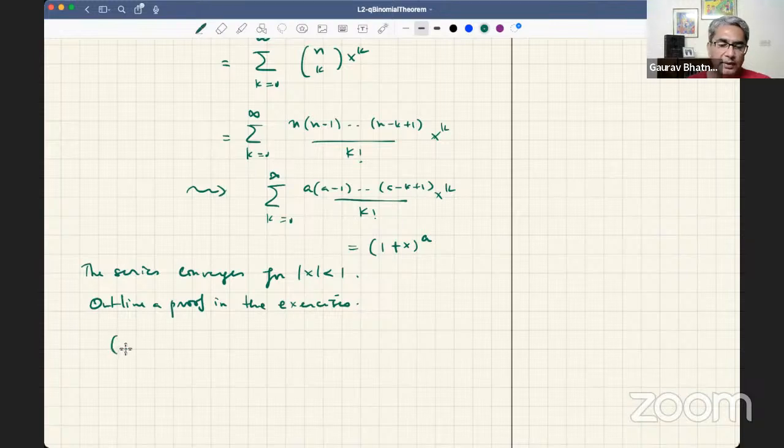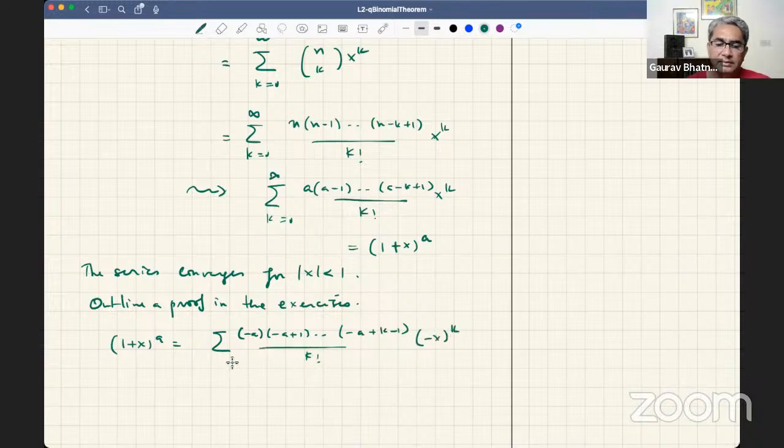Usually we would write it like this. So we would write it as minus a plus 1 and so on up till minus a plus k minus 1 divided by k factorial, and there's a minus x to the k.